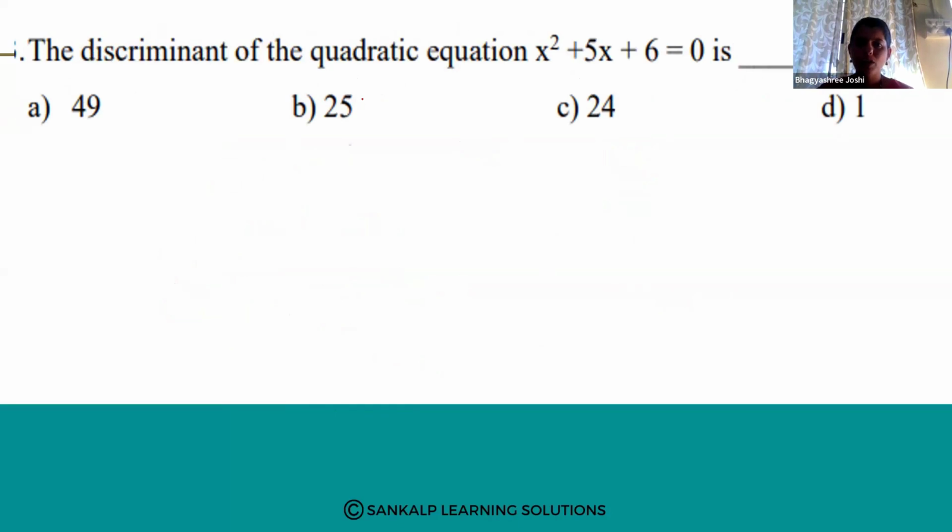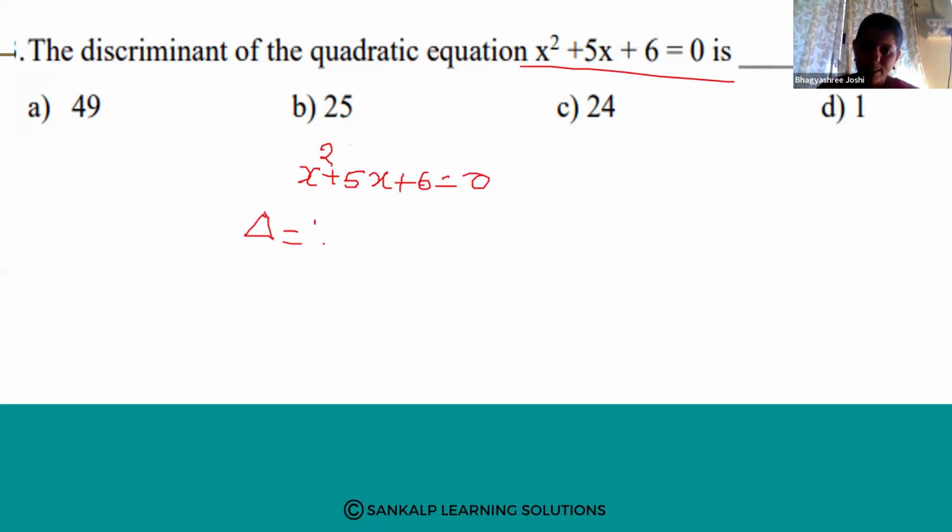The discriminant of the quadratic equation x square plus 5x plus 6 equal to 0 is. So they have asked for the discriminant. Discriminant means delta. Delta is equal to b square minus 4ac. So x square plus 5x plus 6 equal to 0, this is the quadratic equation. So what is the value of b here?